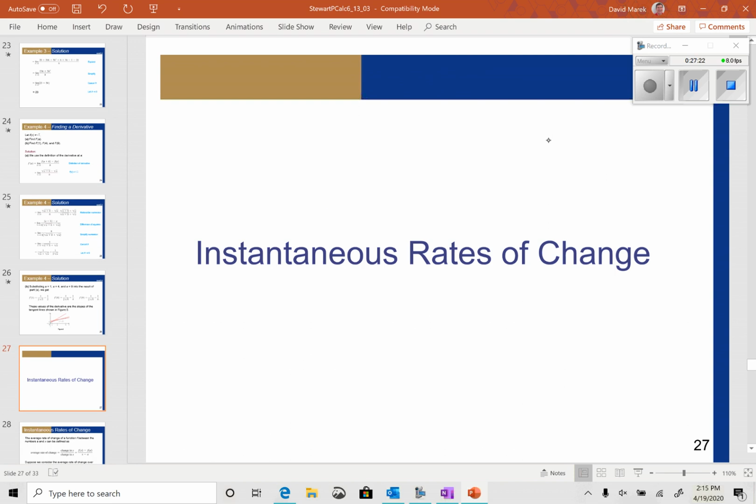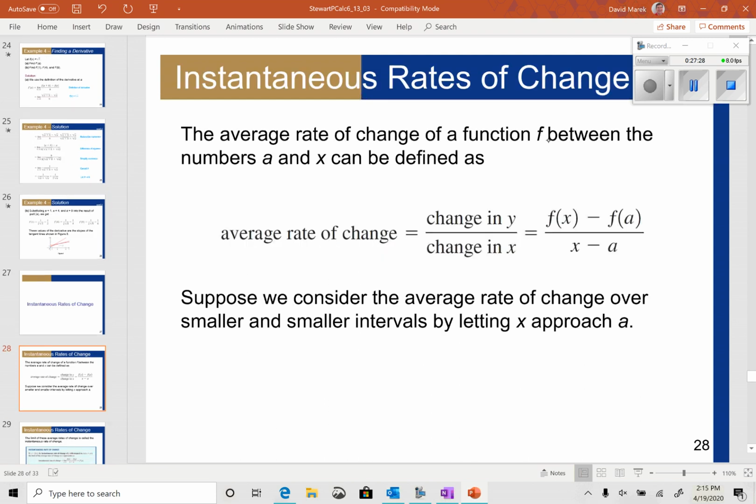I'm sorry, this may look like we're abruptly changing the subject, but we're really not. The average rate of change of a function between two values, well, okay, average rate of change, it's kind of slope. Take the change in y over change in x.